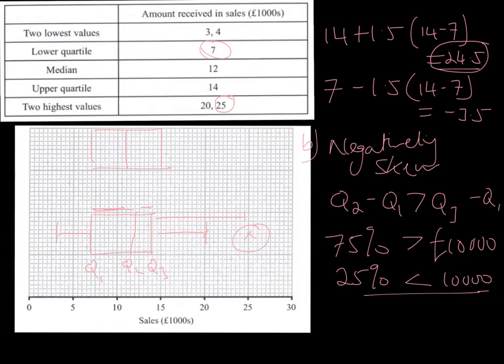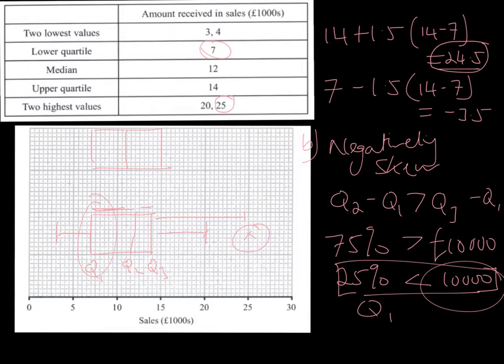So if this is the case, we should see on the box and whisker plot Q1, or the lower quartile, being 10,000. However, we can see from our diagram that Q1 is actually 7,000.